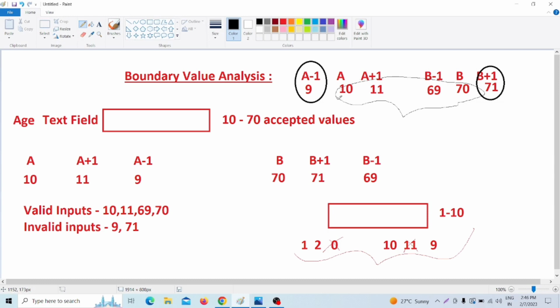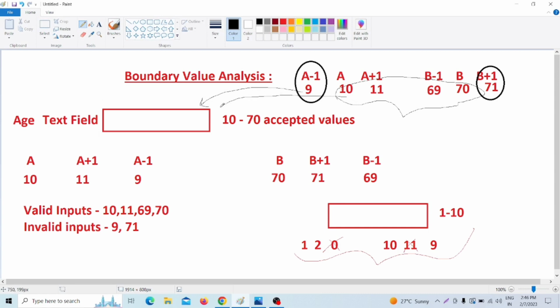Whenever we are writing any test cases by using boundary value analysis, we have to make sure that we write these 6 test cases. There only 2 are the invalid or negative test cases, and in between the range these are the positive test cases. So now if we put 9 in that text field, the text field is not accepting this 9 value. It's a negative test case.